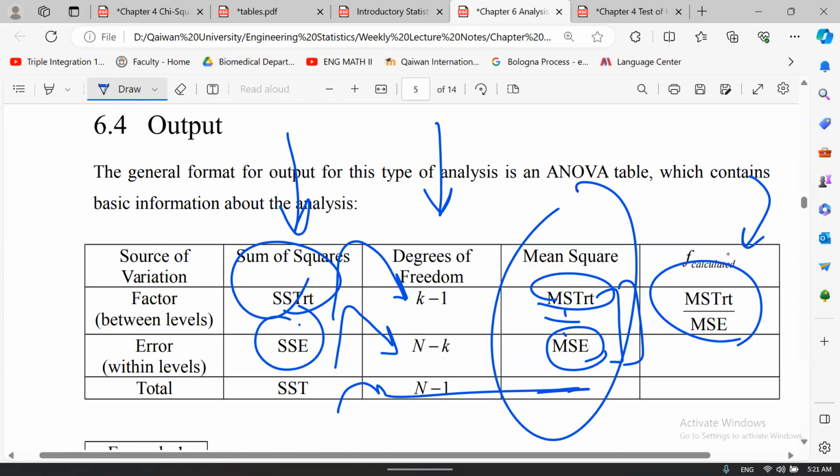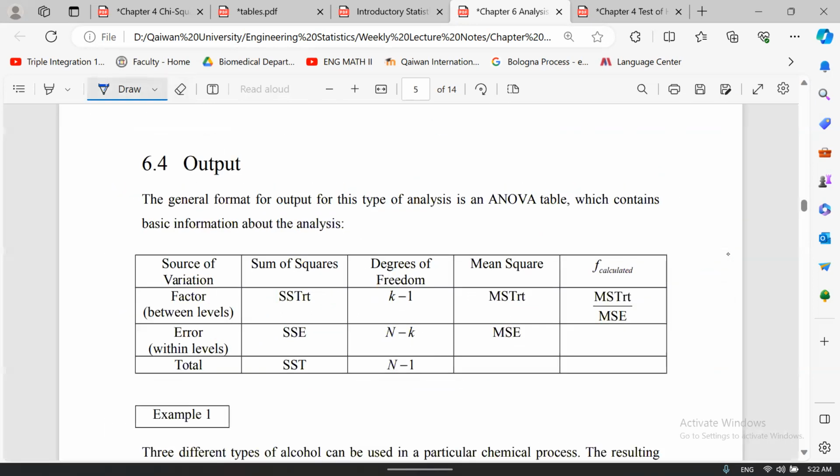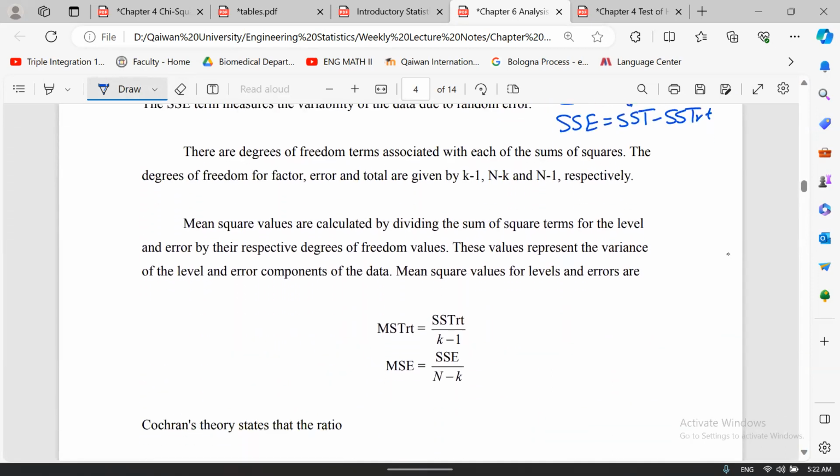Then we need to find mean square. Mean square for SSTRT, dividing by this one, we get MSTRT, and MSE is SSE dividing by N minus K. Now, look, MSTRT is the mean square value for levels.